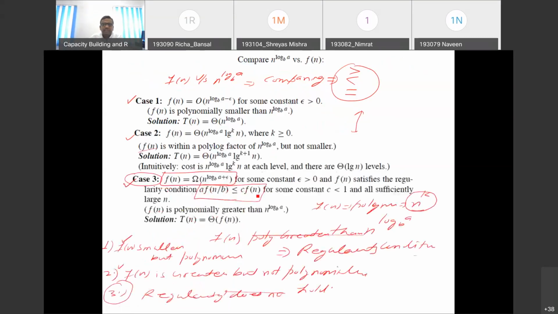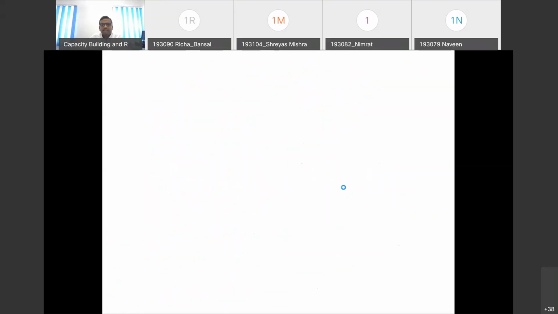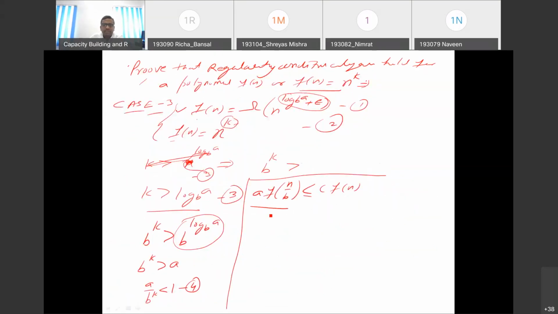Regularity condition की definition क्या है, statement क्या है, that a f of n upon b should be lesser than or equal to c into f of n. Yes, no? अब कहता है इसकी लेफ्ट हैंड साइड को कंसीडर करो, which is a f of n upon b.